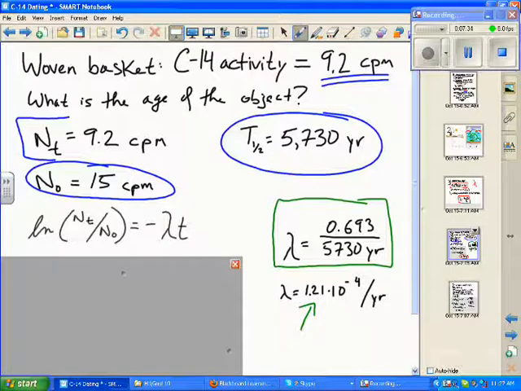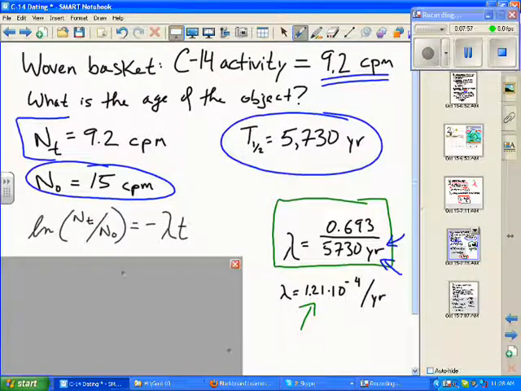And basically that number represents the likelihood that any one isotope of carbon-14 will decay per year. So it's a pretty small number, and you can see that if the half-life is really large, then lambda is going to be really small. So it's a small likelihood that any given atom would decay.